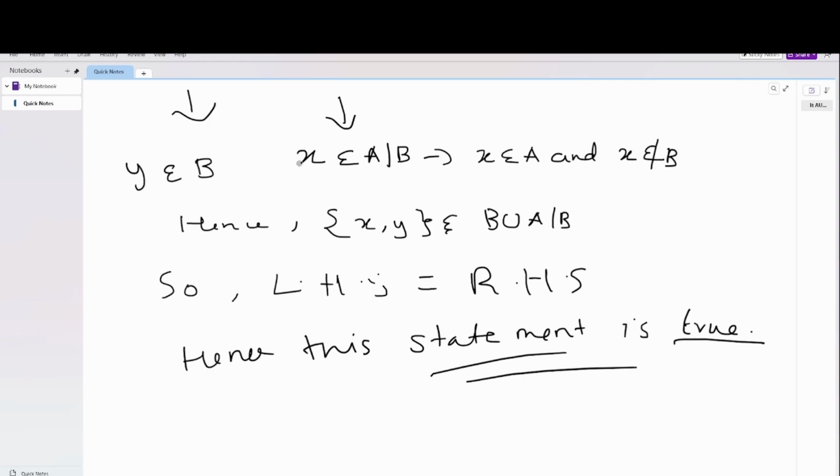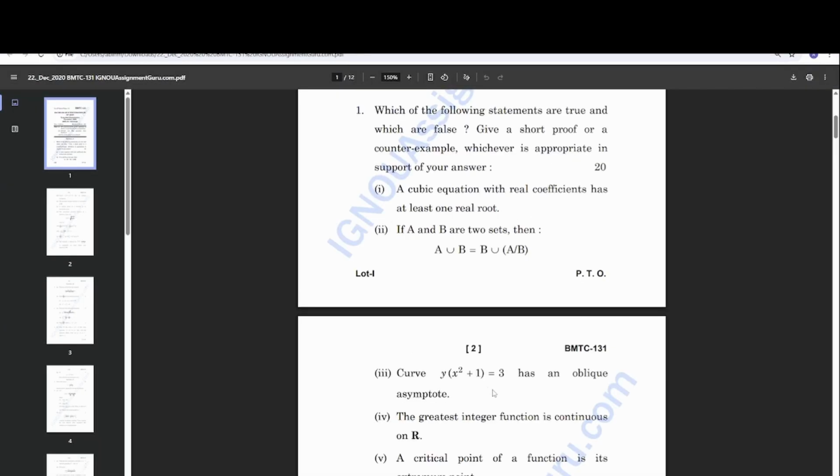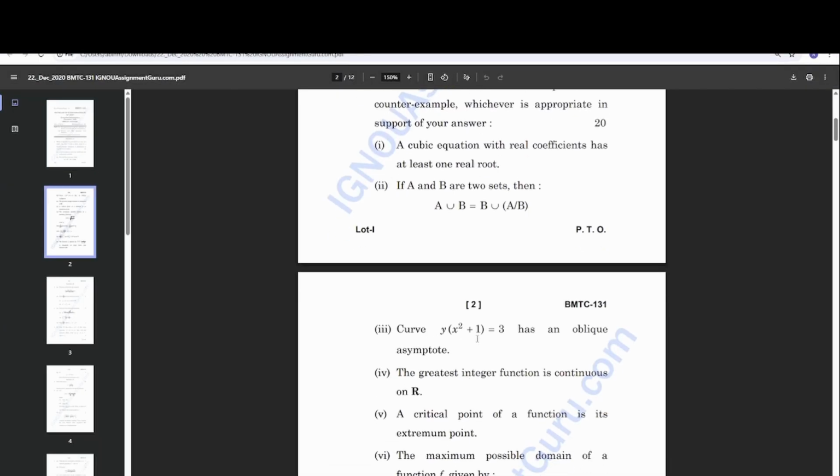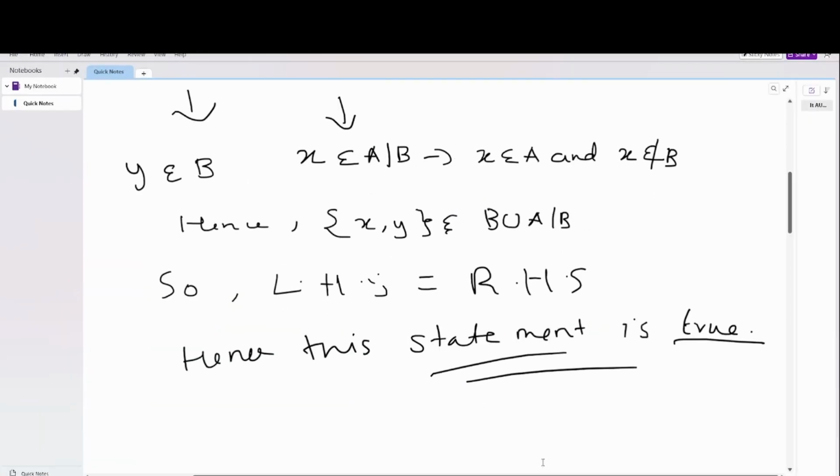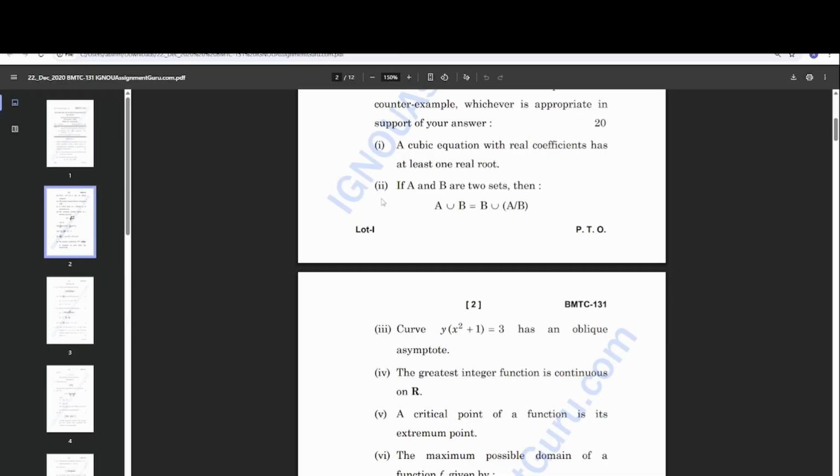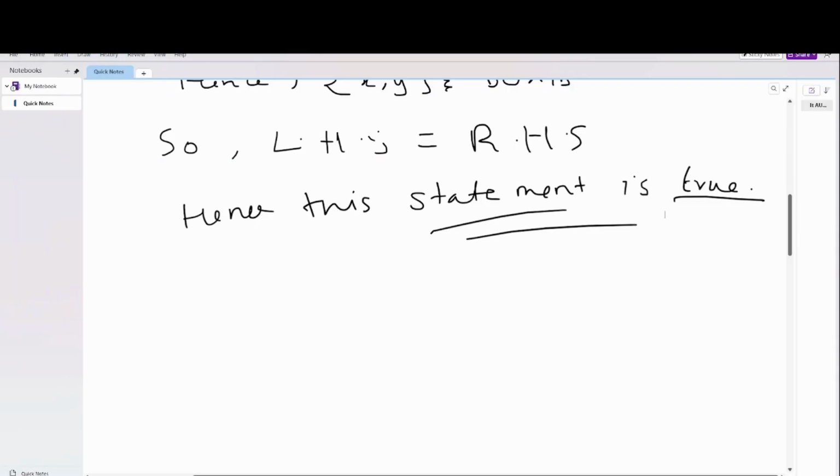So, if we look at the next question, the curve y times x square plus 1 is equal to 3 has an oblique asymptote. So, from this, we want to check. This is question number 3. So, we will consider the third question.